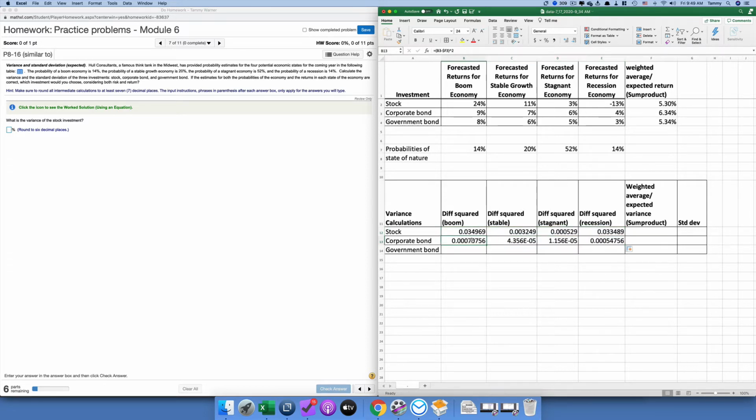Okay, let's just verify that this is working properly. So this is picking up the corporate bond forecasted returns versus the expected returns, so that's good. The other thing is, you'll notice that these numbers here, because there are so many zeros involved, it gives you the numbers in exponential notation or scientific notation, and that's fine.